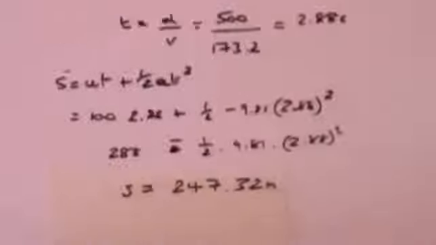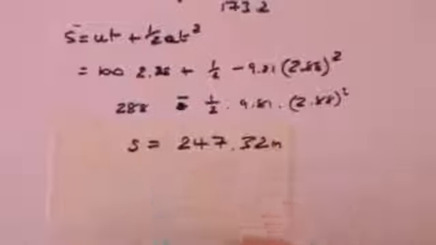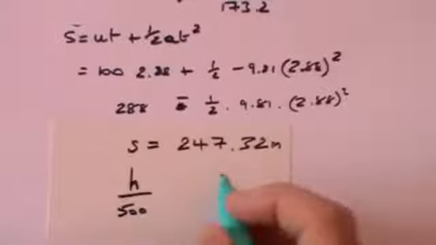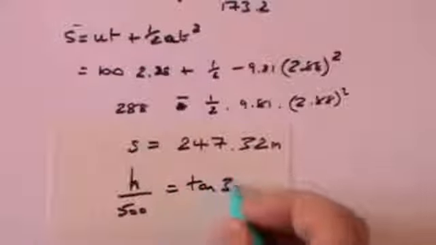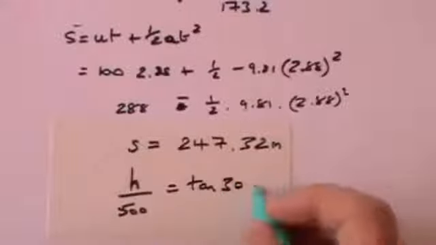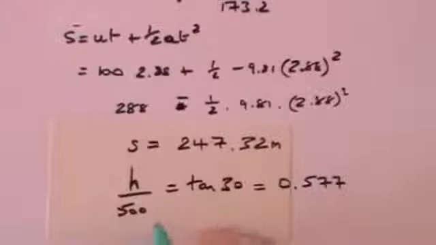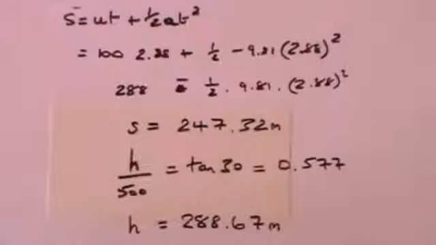So the height of the target divided by 500 is equal to the tangent of 30. And the tangent of 30 is 0.577. And so that will give you that h is equal to 288.67 metres.